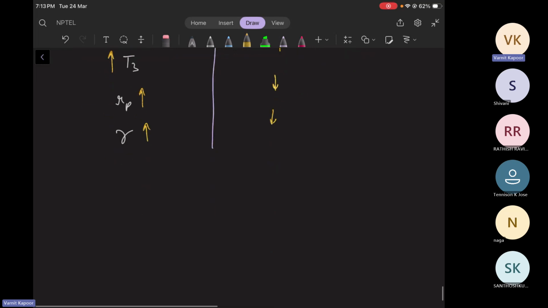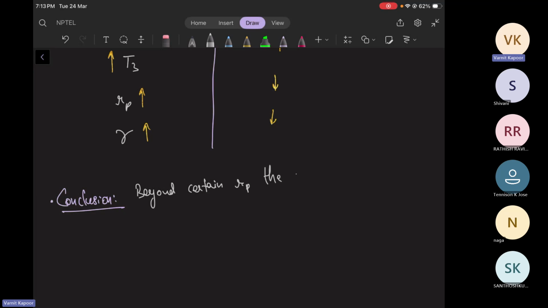So what I can conclude here is that, in conclusion, beyond certain pressure ratio RP, the use of regenerator becomes ineffective.